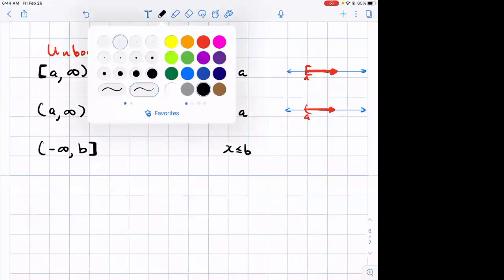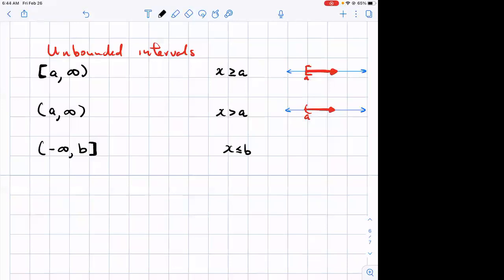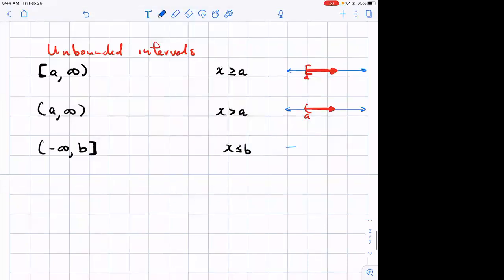And the graph of this: if here is my point B, it's less than or equal to, so the bracket goes this way and the arrow goes to the left because it's less than.